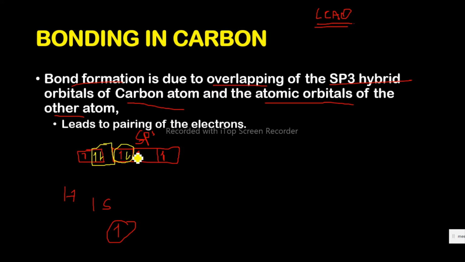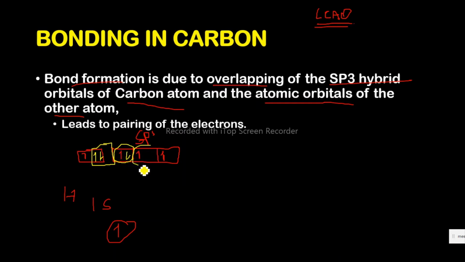The p orbitals are on a Cartesian coordinate, so they have different orientations. The new incoming orbitals attack them based on their orientations in space, and they end up overlapping to bring the electrons into contact to pair up.